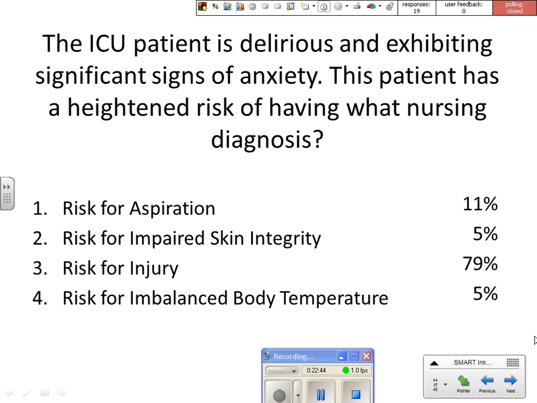Okay, 11% said aspiration, 5% skin integrity, 79% risk for injury. Why are they at a high risk for injury? Because they're delirious and anxious. They're not really at a risk for aspiration. So using your ABCs in this situation would not be appropriate, because there's nothing in this that's talking about aspiration or airway issues.